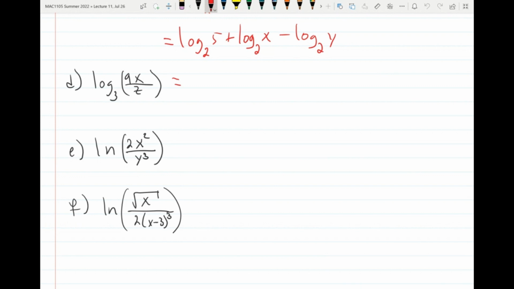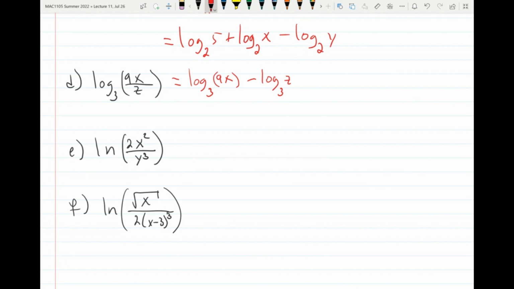What can we do here? Yes? Do you want me to just give an answer? Or do you want me to go step by step? Tell me step by step. First you can split the numerator and denominator into log base 3 of 9x minus log base 3 of z. Good.